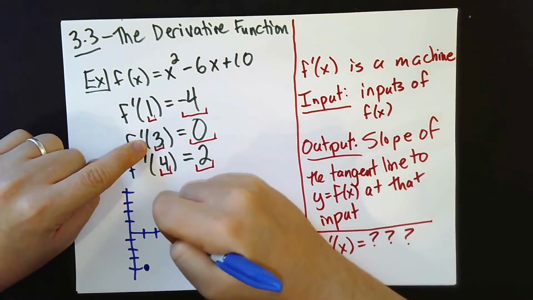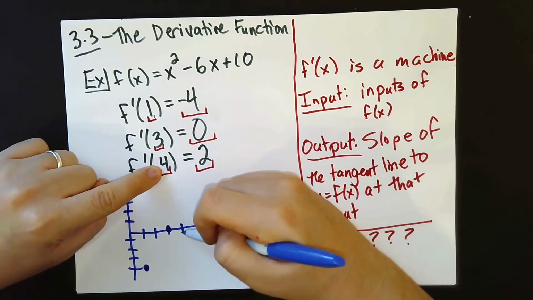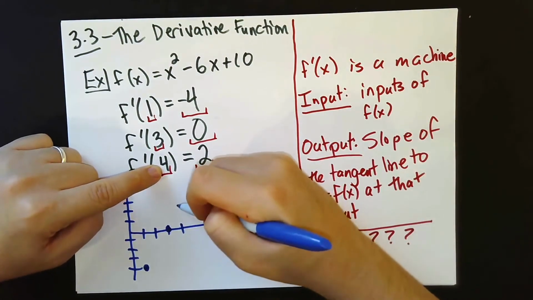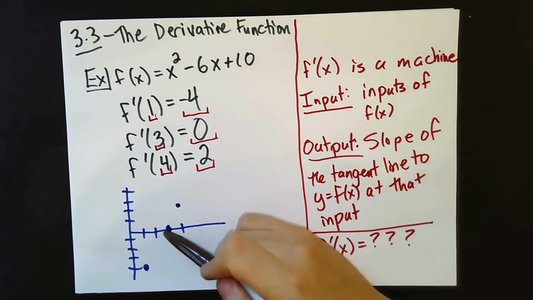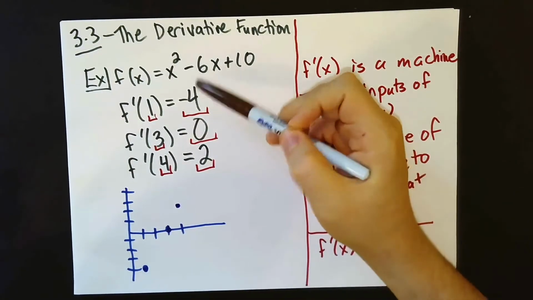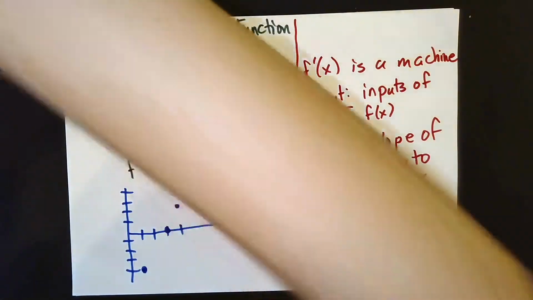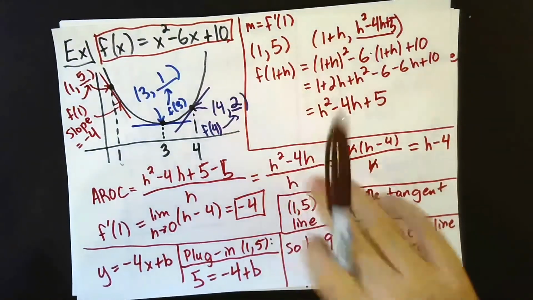Input 3, output 0. F prime of 4 was 2. It's an input of 4 and an output of 2. These 3 dots are everything that we found before. This is all the information about the slopes in this question that we talked about a few videos back.